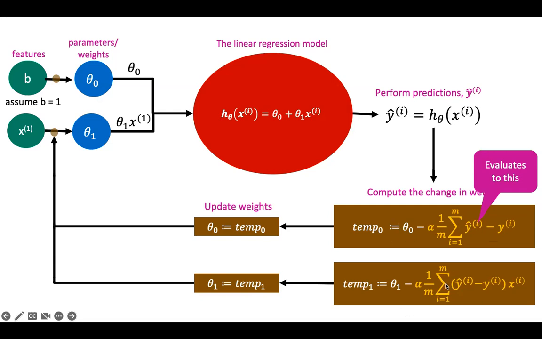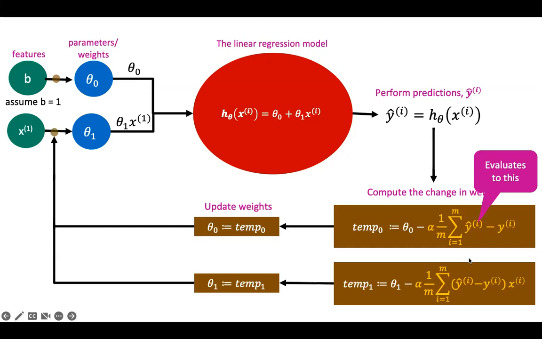And for the predictor x, the weight for the predictor x, this will be the partial derivative: 1 over m times the error, or the difference between actual and predicted, times the feature values x, and you take the sum.